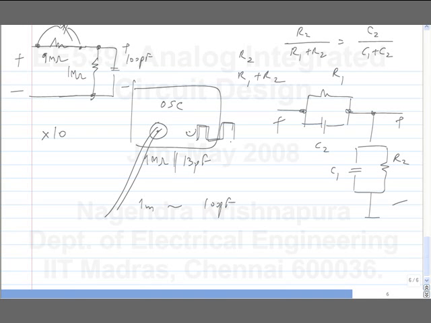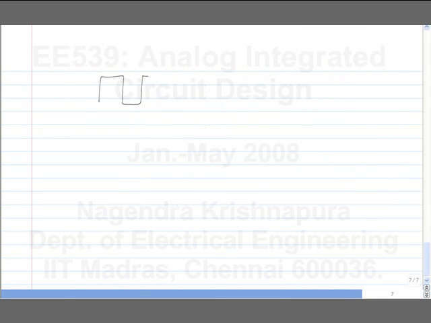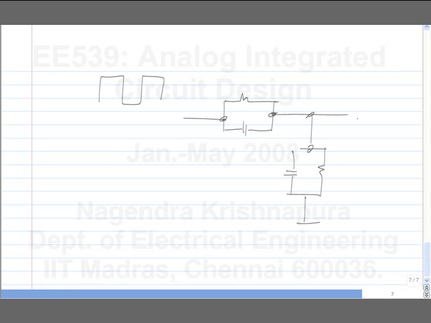It's to test this. You put in a square wave to a circuit like this. What will you get at the output? What will you get?